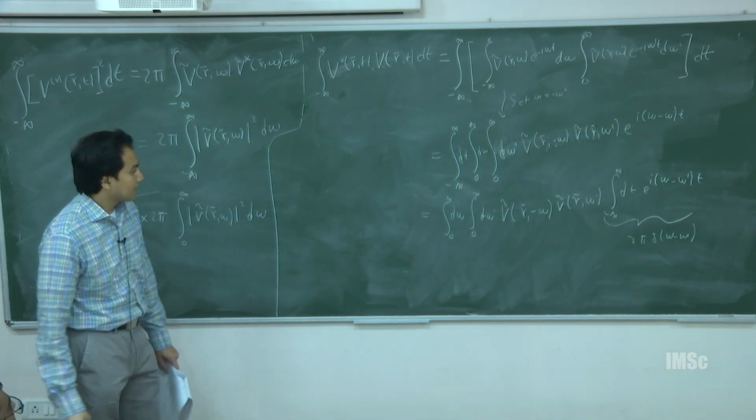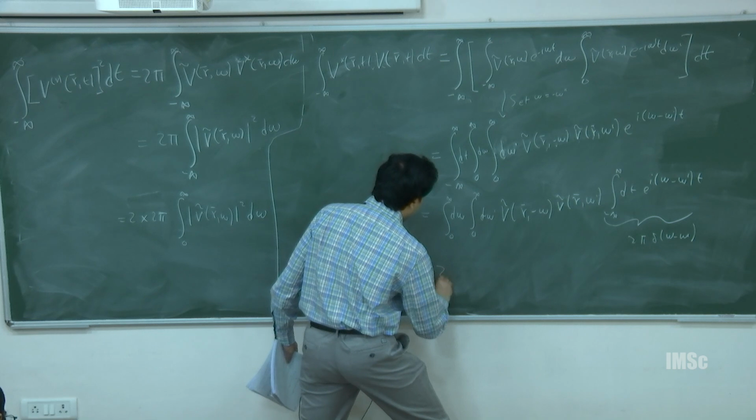So that's what it gives us. We enforce the delta function, and we get a factor of 2 pi.